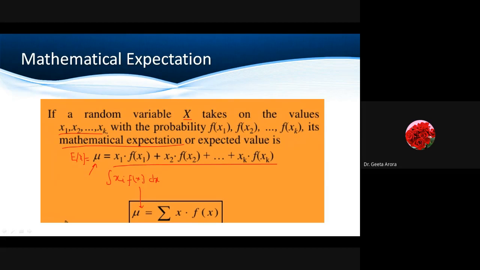Then you will give me an answer that you might be expecting 80% or 50%, whatever. So it is actually the average, how much your expected value lies around the average type of values. So this expectation comes from the idea that if we have a random variable that can take the values x1, x2, x3 up to xk, and we know their probabilities, then we get these values of the expectation, meaning the mean, the expected value.